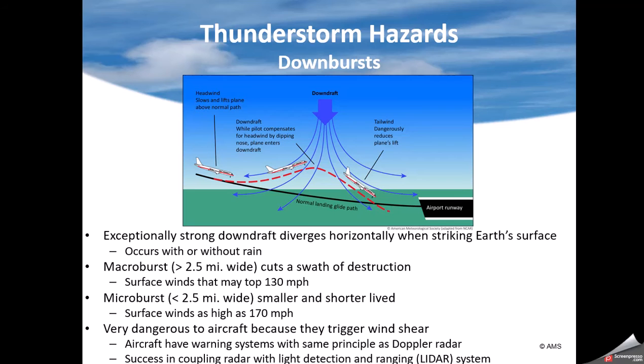So if you were an aircraft pilot coming into a downdraft, in a microburst, we'll say, it's a very small area, maybe only covering part of the glide path into the runway, and you hit headwinds, your plane would want to go up, above the glide path. So you're going to want to correct that, right? Pushing the nose of the plane down. But now you come out of it, and all of a sudden the winds are behind you, and that's when it becomes very dangerous, because that's when you've got to keep the plane from hitting the ground too soon.